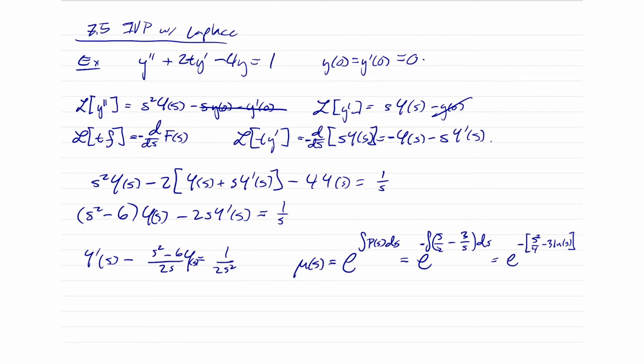Okay, cool. So, let's go ahead and multiply by our integrating factor all the way through. So, what do we get? So we get e to the minus s squared over 4 plus 3 ln of s, this times Y prime of s. And now, you know what, I don't really feel like writing it a million times. Okay, so we multiply it there too.